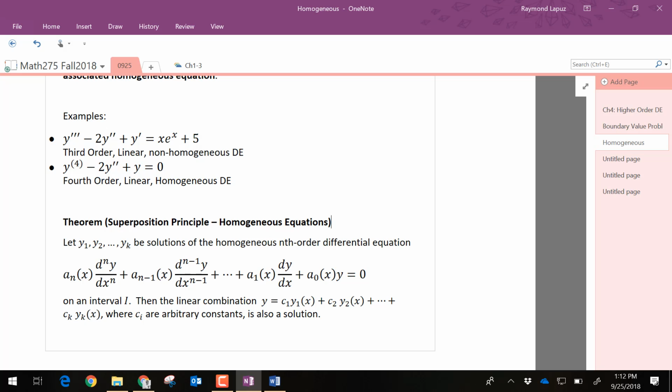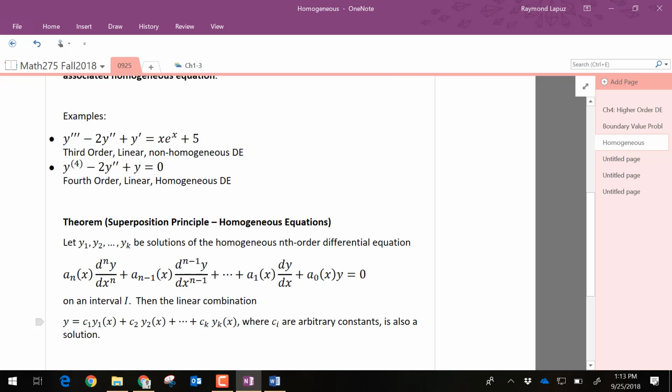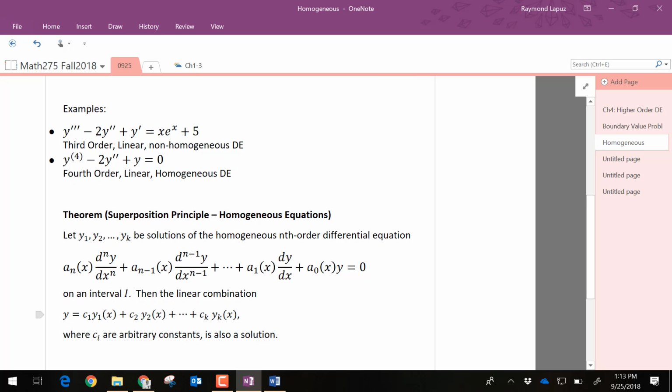And this says that if y1, y2, all the way up to some number of y's are solutions to the homogeneous differential equation, then the function c1 times y1 plus c2 times y2 plus dot, dot, dot, and all that is also a solution to the differential equation.